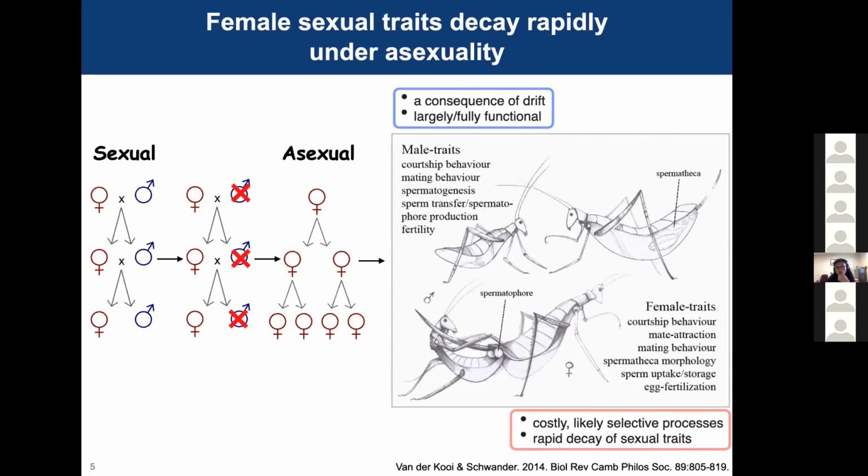However, in sharp contrast, female sexual traits, such as mating attraction, courtship behavior, and egg fertilization, undergo very rapid decay. Maybe it's not surprising, given these traits are quite costly to maintain. The review also found extensive decay of female sexual traits.